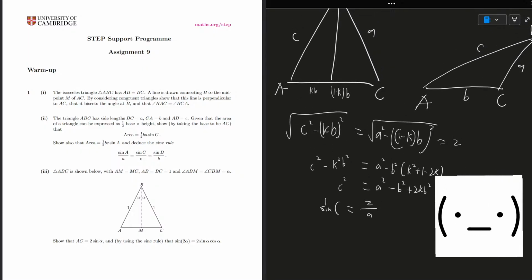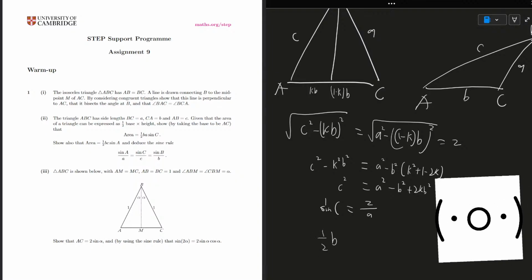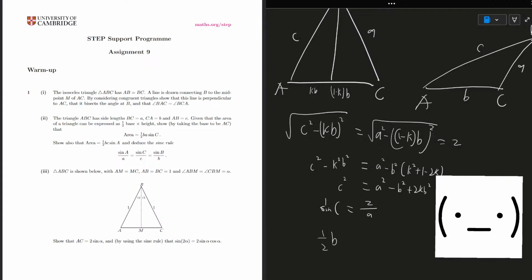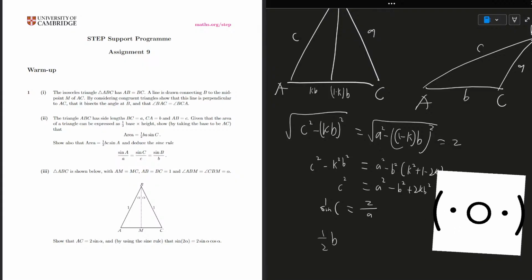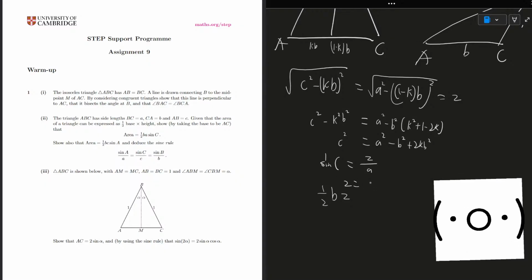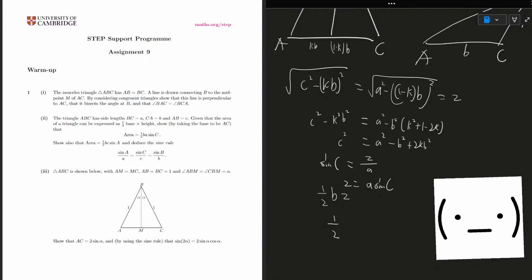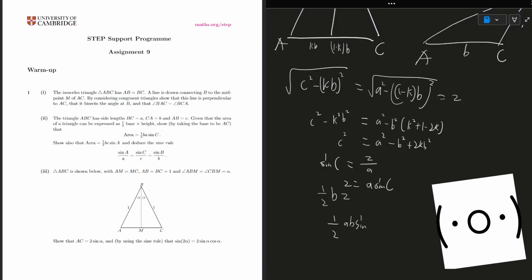Got the area, which is B multiplied by A, multiplying by Z. So we know that Z also equals, conveniently, A sine C. So therefore it's just equal to ABC.